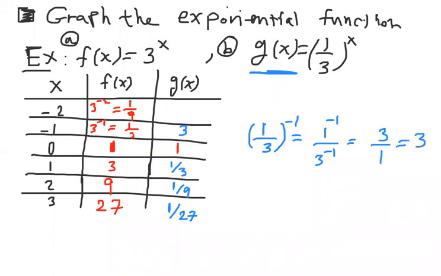And what about minus 2? It's 9. Again, the same thing, we plug the minus 2 inside the function g of x. And the 0 gives 1. Any question?